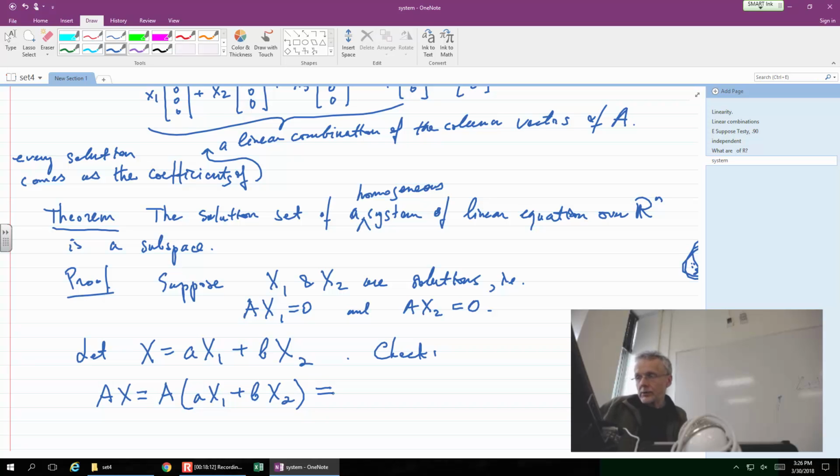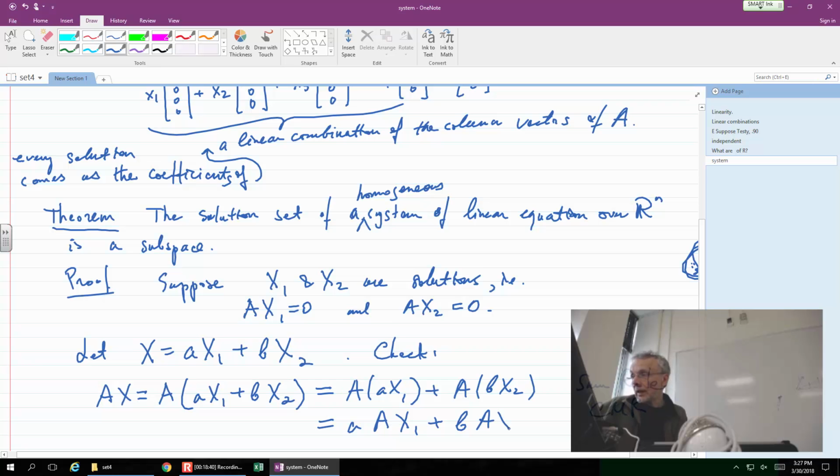Why? Because that's what we know about matrix multiplication, that it behaves this way. So it preserves addition. So it is equal to first A(ax1) plus A(bx2). That's the sum rule of matrix multiplication. And then I'm using the constant multiple rule to pull these out: a Ax1 plus b Ax2.